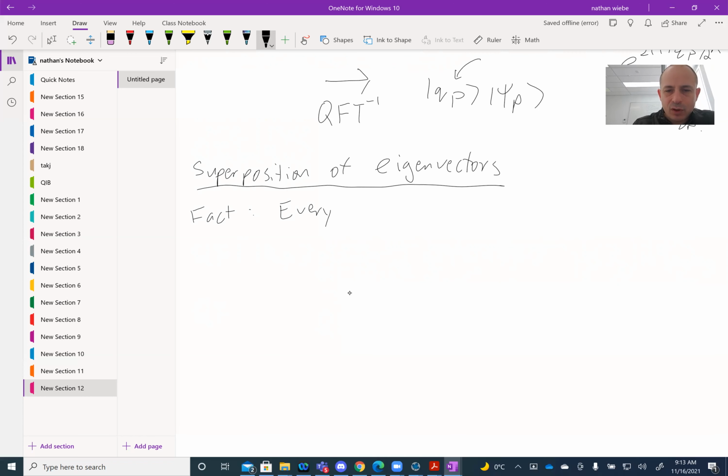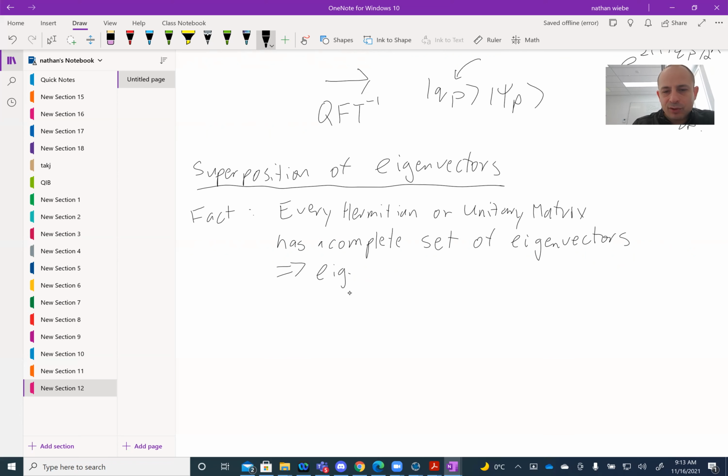So, fun fact, every Hermitian or unitary matrix has a complete set of eigenvectors. This implies that the eigenvectors can be used as a basis.